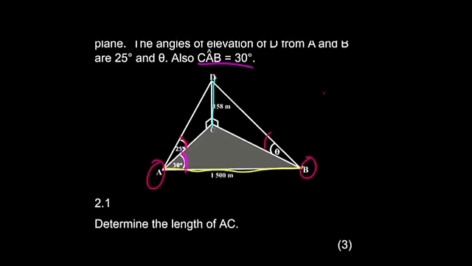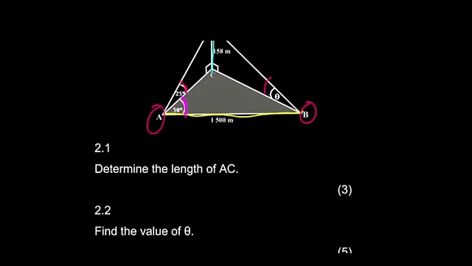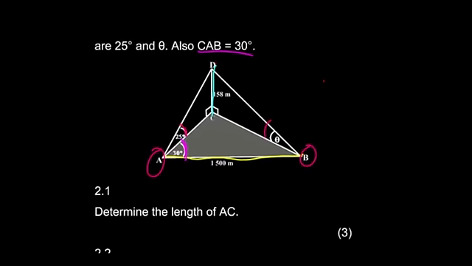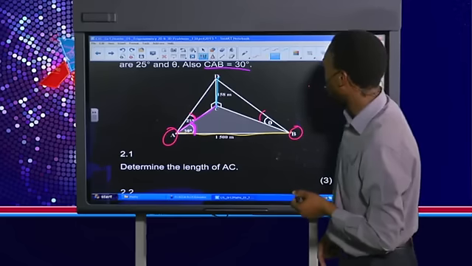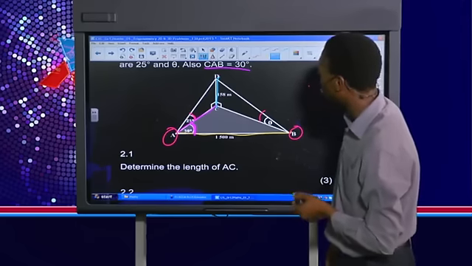Right, so what do they want us to work out? They say determine the length of AC. What is AC? AC is that bit there of the ground. Again, do not let the 3D stuff confuse you. Break it up again. Which triangle shall we look at?